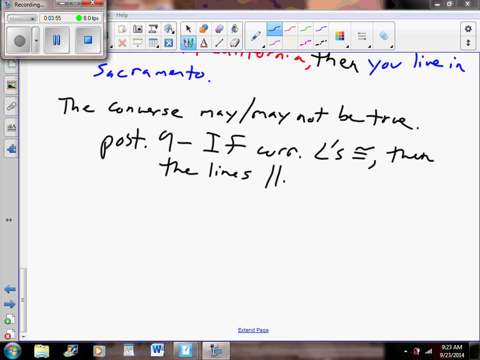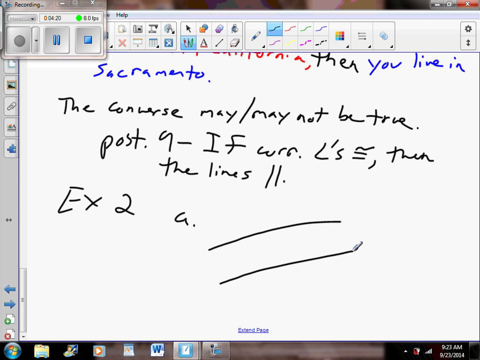And what you'll find in these example problems, like example 2 on page 137, is: is enough information given to conclude that the two lines in question are parallel? In example 2, letter A, you've got two lines running like that.